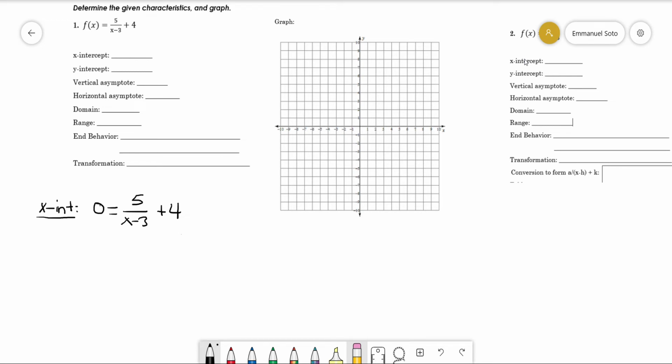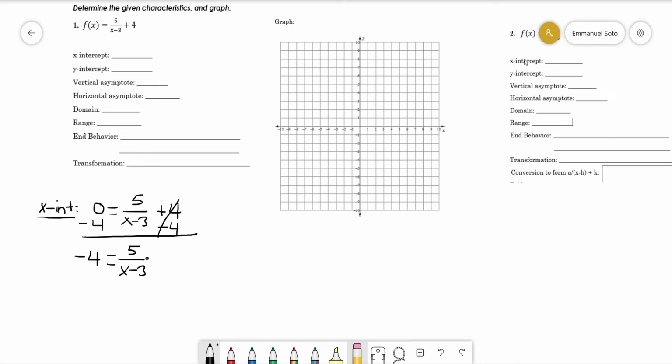Now you want to go ahead and solve this equation. So you want to get rid of the 4, so you want to subtract 4 on both sides. Alright, remember that you need to move the x minus 3 over, and it's dividing because of the fraction bar here.